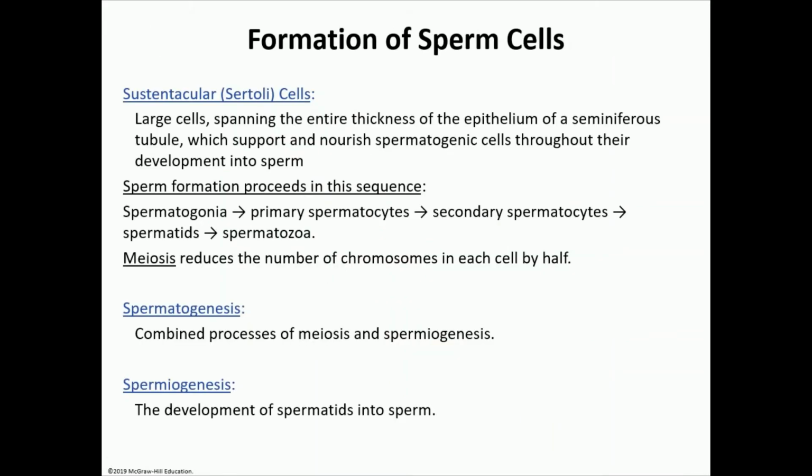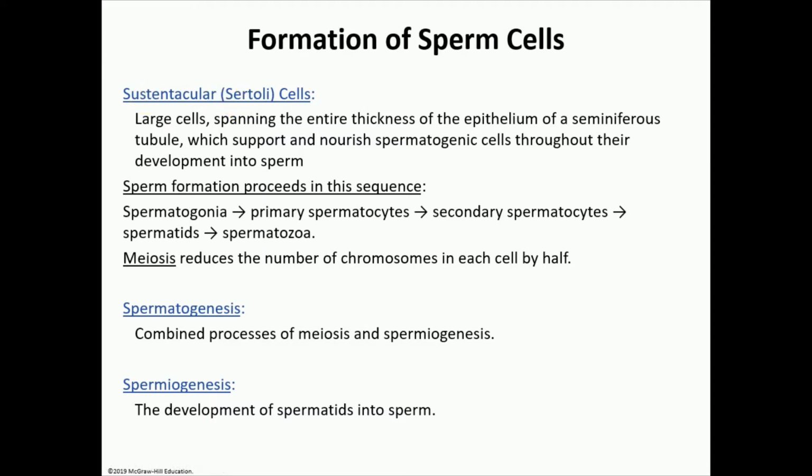Now, formation of sperm cells. Okay. So we already mentioned that the spermatogonia are the primitive cells that are going to start this whole process, but they need help, they need support, and that support comes from these large cells known as the sustentacular or Sertoli cells.